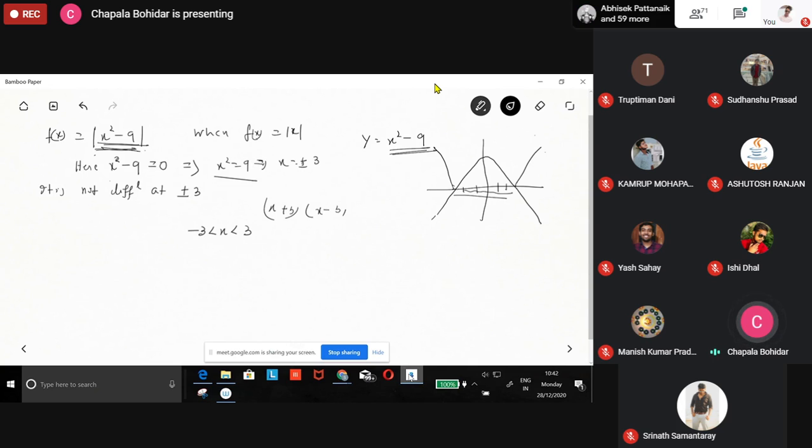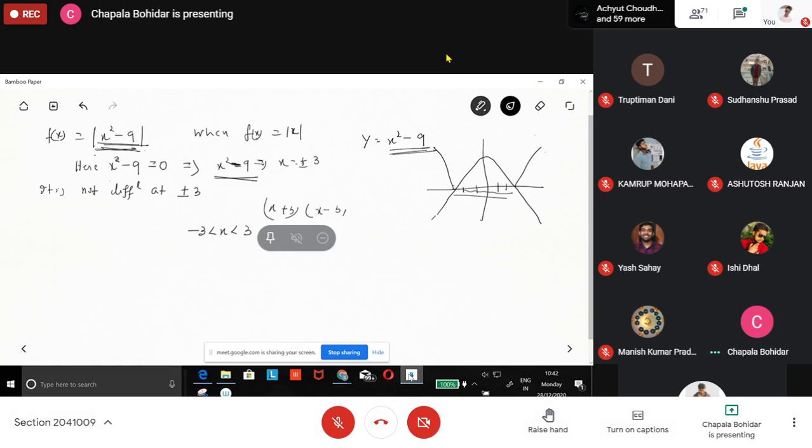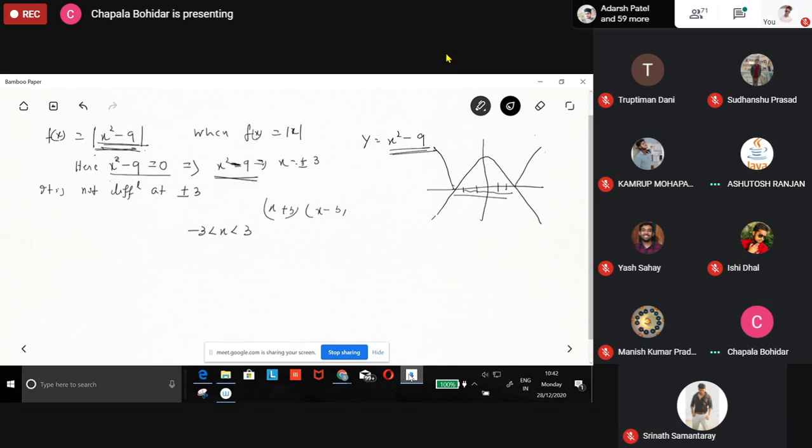According to this, all the values are negative or not? In between these, our functional value is negative or not? Tell me.